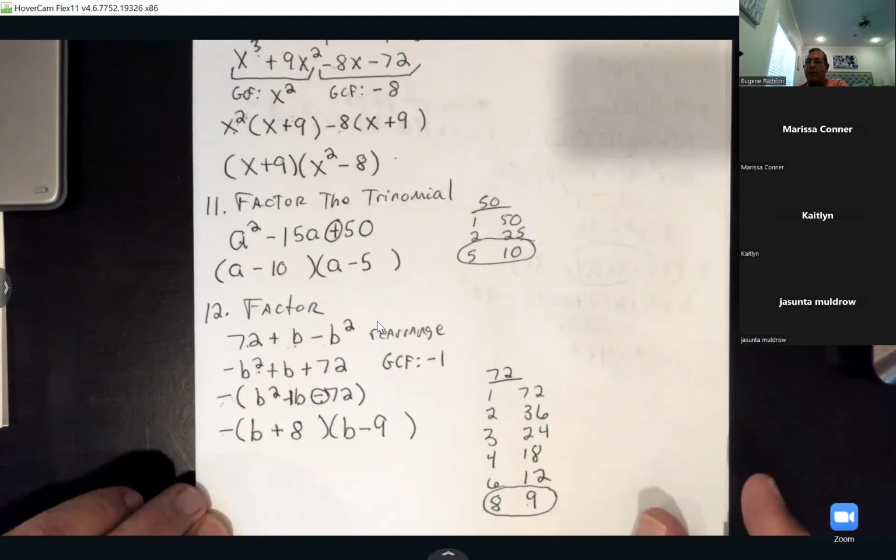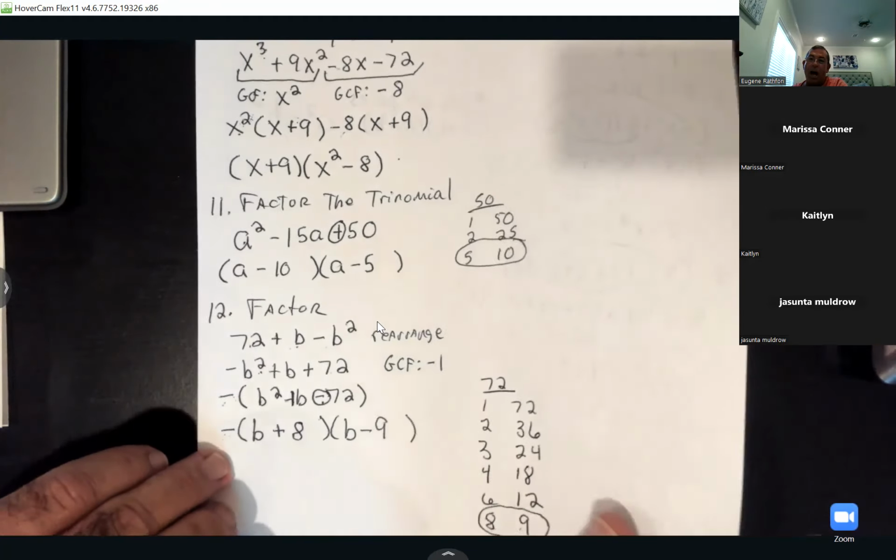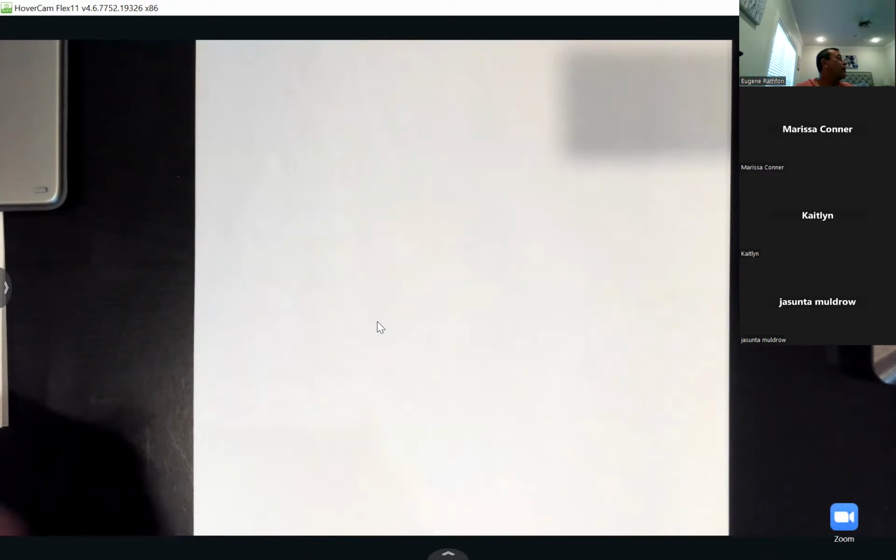All righty, y'all. So notice this thing's a lot of factoring. So I'm on what, number 13? So let me change my paper.